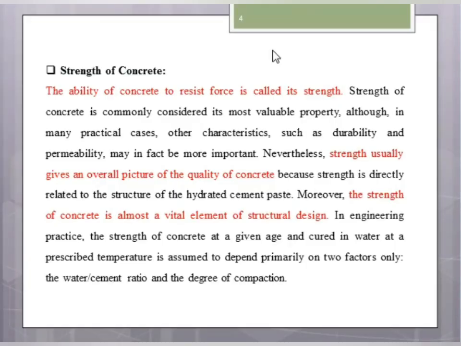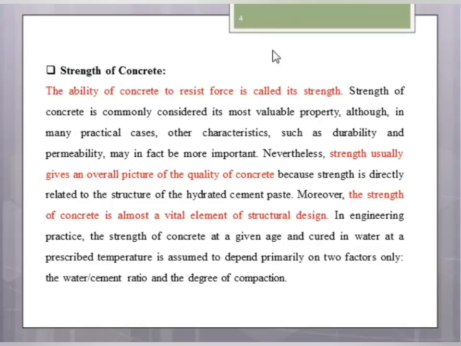For an existing structure, we can calculate by rebound hammer, and if we take a core-cut sample from that existing structure, we can calculate the compressive strength under the CTM in the laboratory. That will be destructive, because that element we have to destroy. Okay. So what is compressive strength?